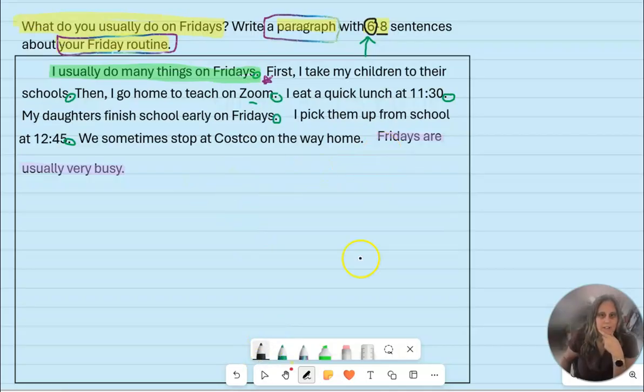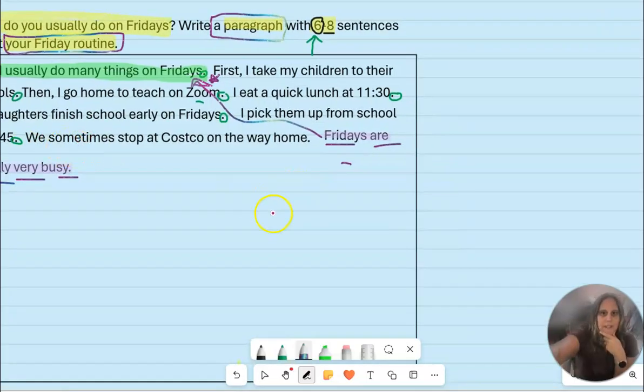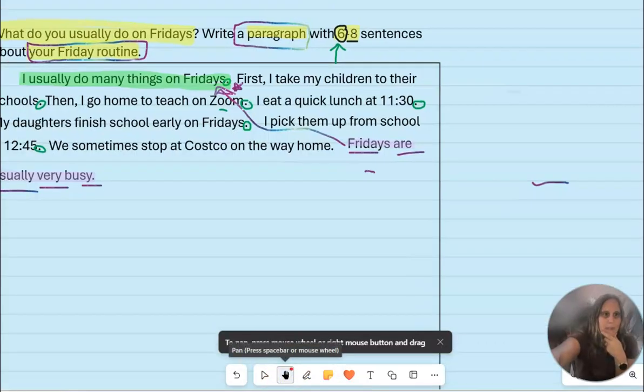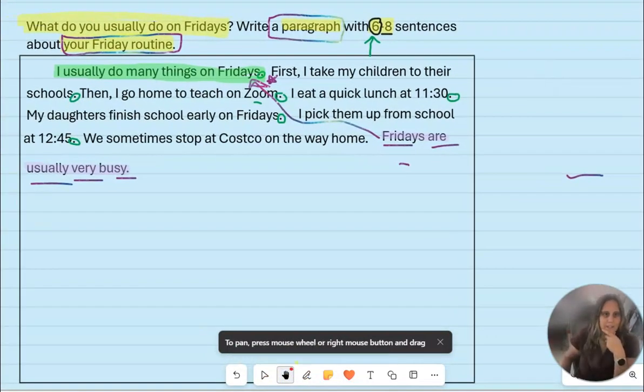And finally, that last sentence connects back to my topic by saying Fridays are usually very busy. Similar to saying I usually do many things on Fridays.